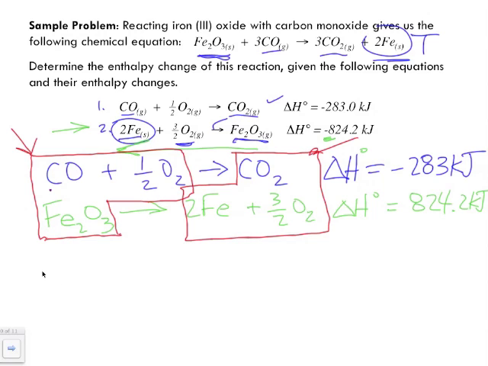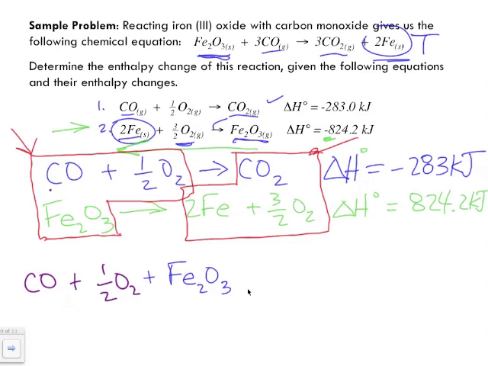So what we're going to do is combine our reactants. So we've got CO plus 1/2 O2, right? And we're going to add it, and I'm going to change the color, plus Fe2O3. So I'm going to have purple to represent equation 1 and blue to represent equation 2.